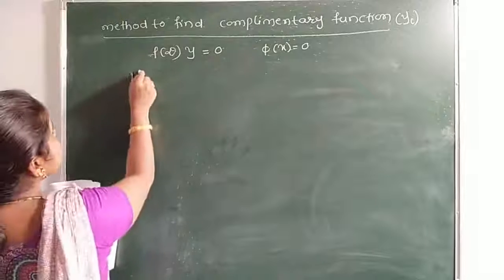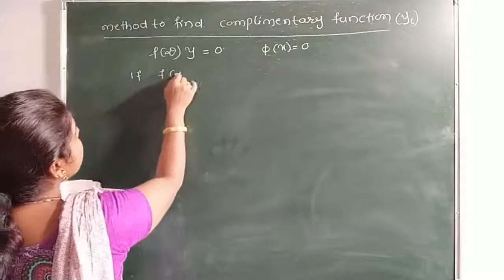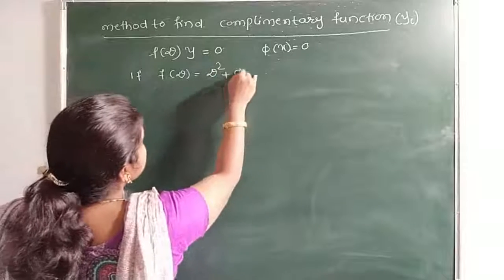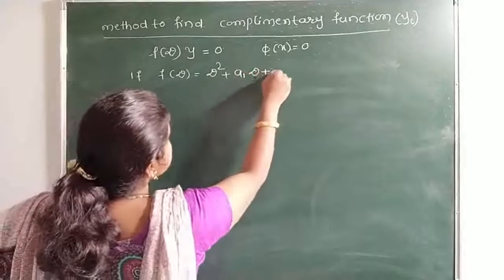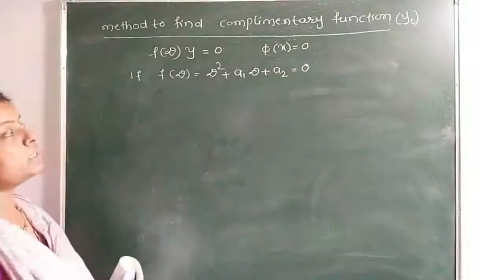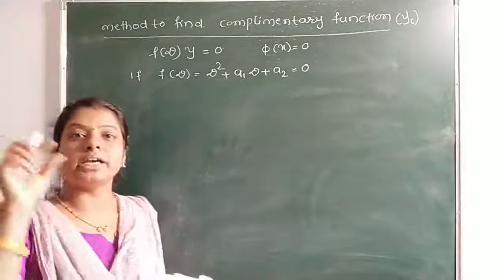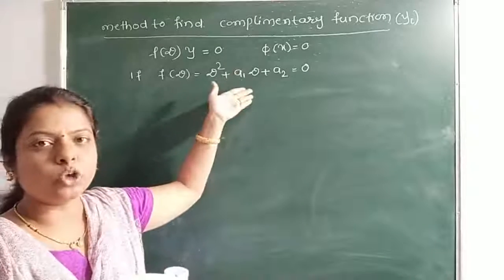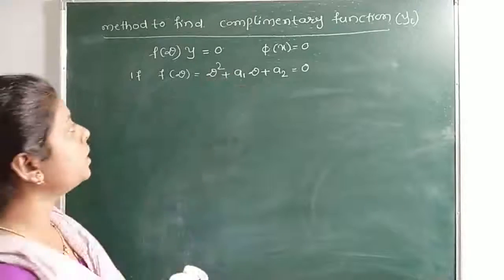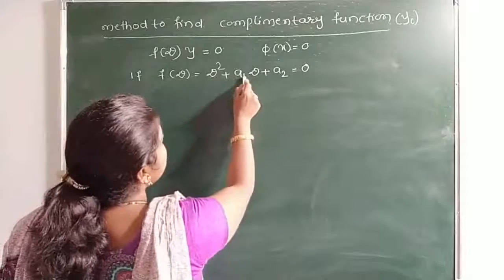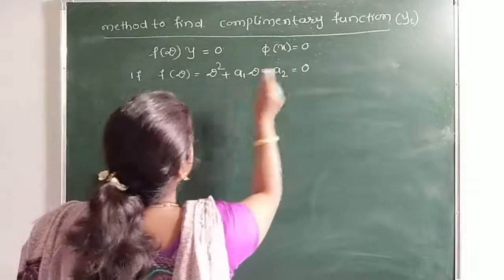If f(D) is D square plus a1 D plus a2 is equal to 0, the f(D) term containing D is a quadratic equation. It may be a cubic or biquadratic equation. We consider D square plus a1 D plus a2 is equal to 0.